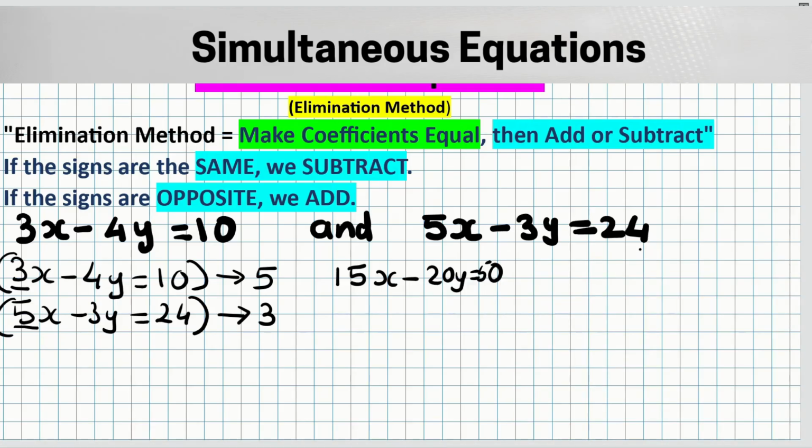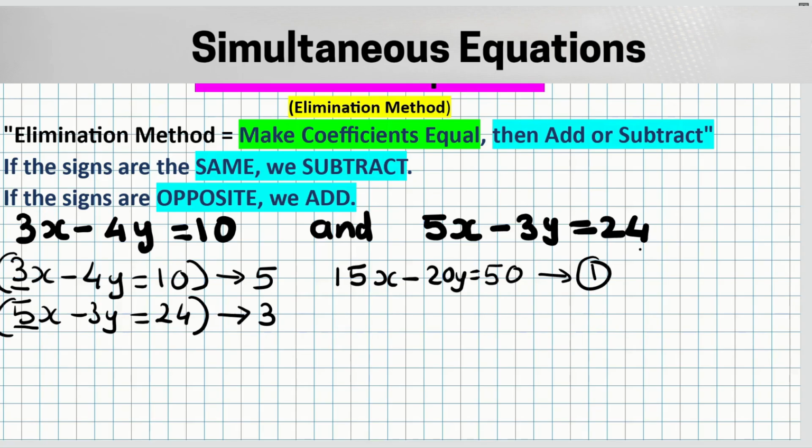Let me write this clearly. We'll number this as equation number 1.